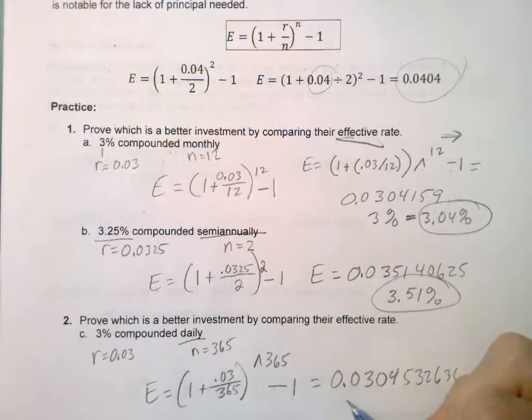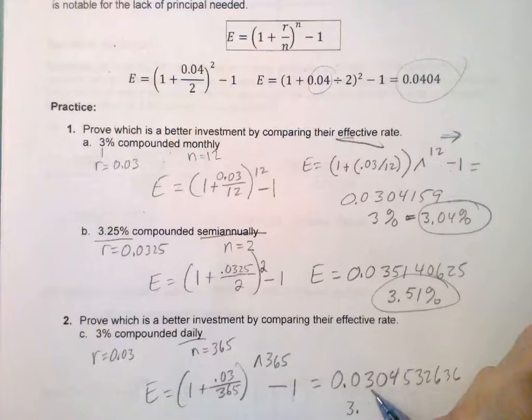Don't need all that. Need 3.0, and this gets moved here. If I want two decimals, I'm looking at the 4 and rounding it to a 5.